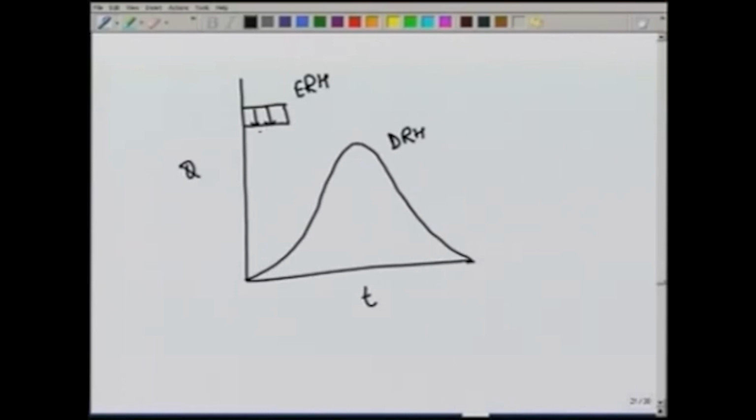Then if the same duration rain occurs with a larger intensity, suppose this is intensity I1 and there is another one, let us say with intensity 2 I1.